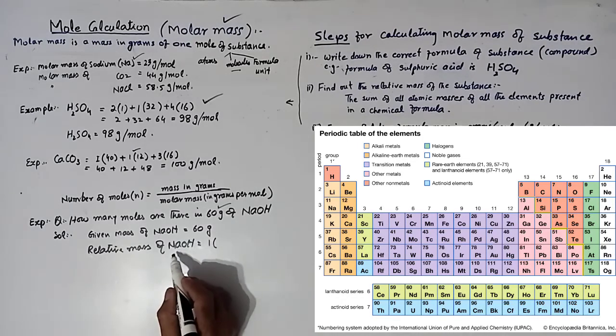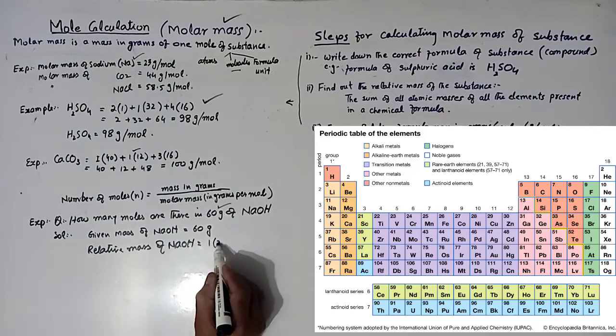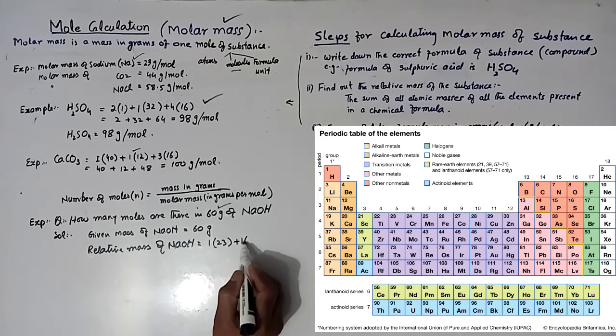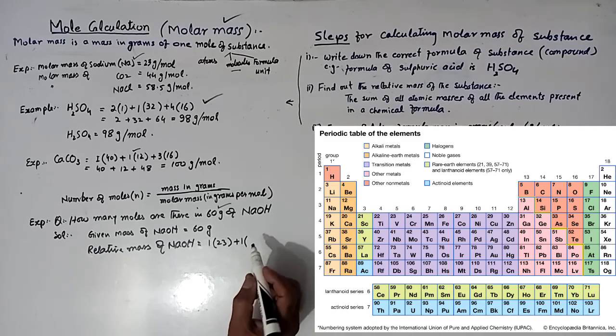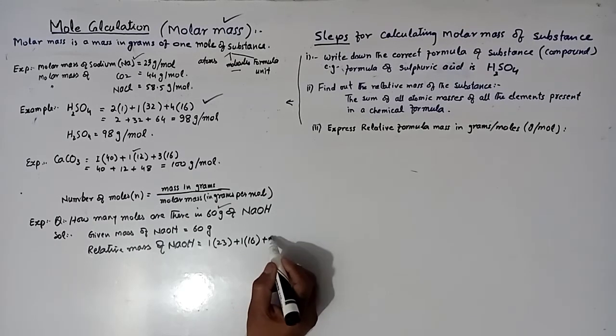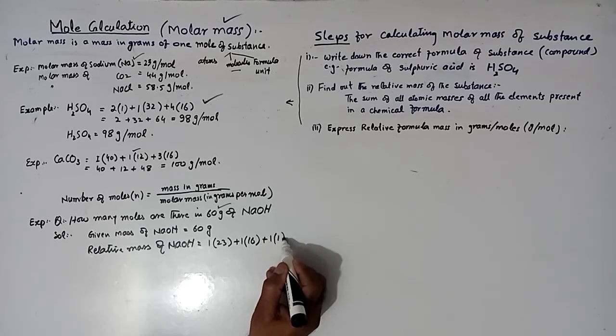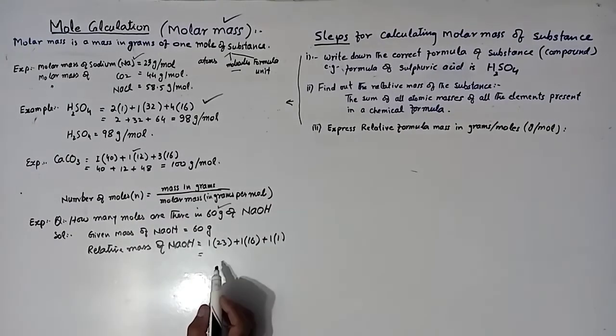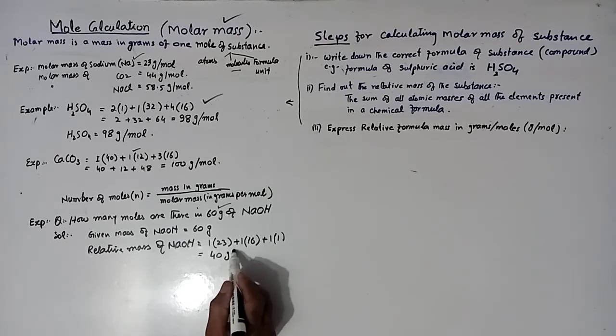The atomic mass of sodium is 23, and of course there is only one oxygen, and the atomic mass of oxygen is 16, and there is only one hydrogen, so the atomic mass of hydrogen is 1. Now the molar mass of sodium hydroxide is the sum of all these figures, that is 40 gram per mole.